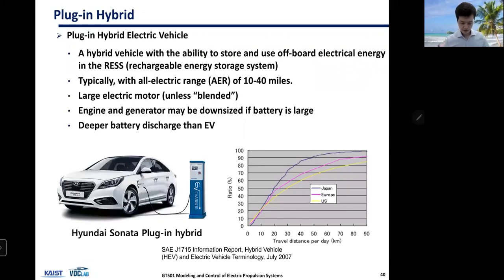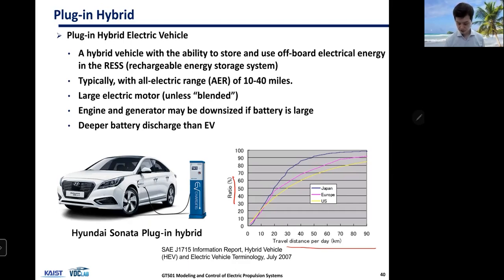In fact, plug-in hybrid came from the idea that we don't really travel long distance every day, right? For instance, if you look at this figure here, the x-axis is travel distance per day, and the y-axis is ratio, meaning how much of the population travels that distance.